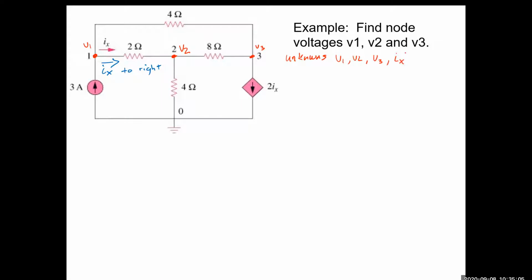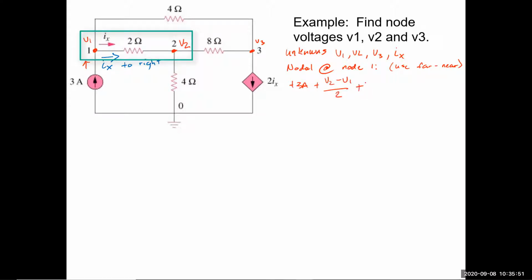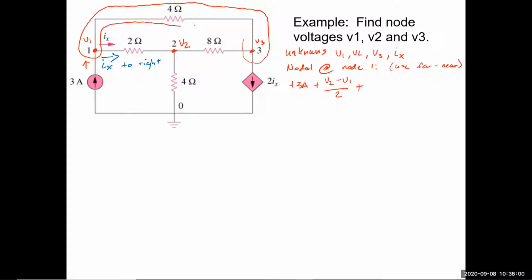So let's start by doing a nodal analysis at node 1. Again, we're going to use the far minus near approach. We've got a 3-amp source feeding into node 1, so you get a plus 3 amps, plus far minus near, V2 minus V1 divided by the 2 ohm, plus far minus near, V3 minus V1 divided by the 4 ohm.